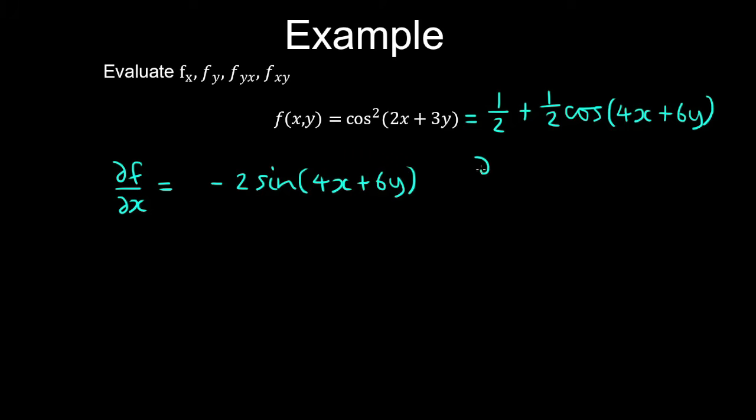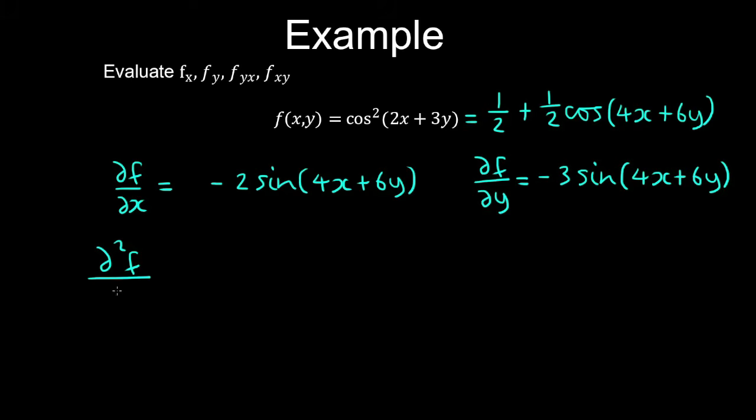And the partial derivative of f with respect to y is minus 6 on 2 sine 4x plus 6y. And now we find the second partial derivative of the function f with respect to y first, and then with respect to x.